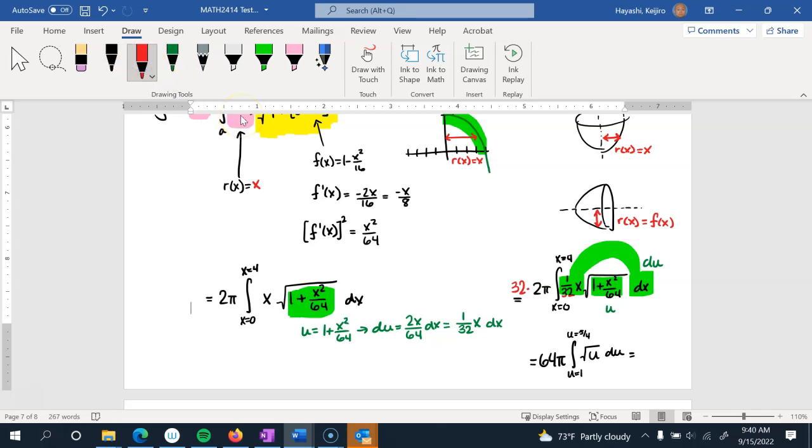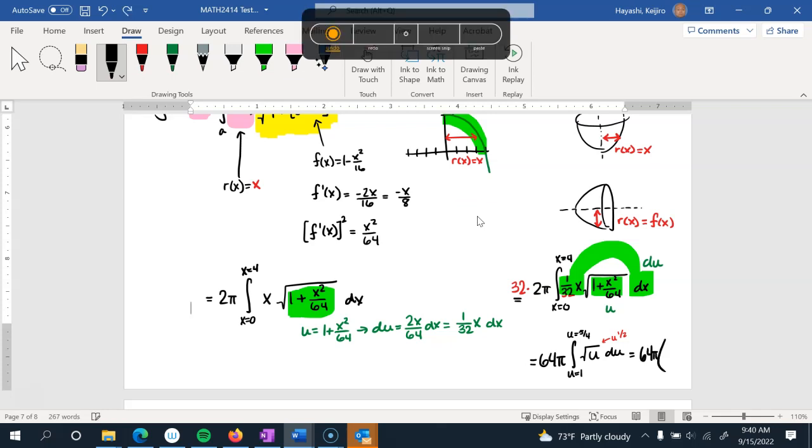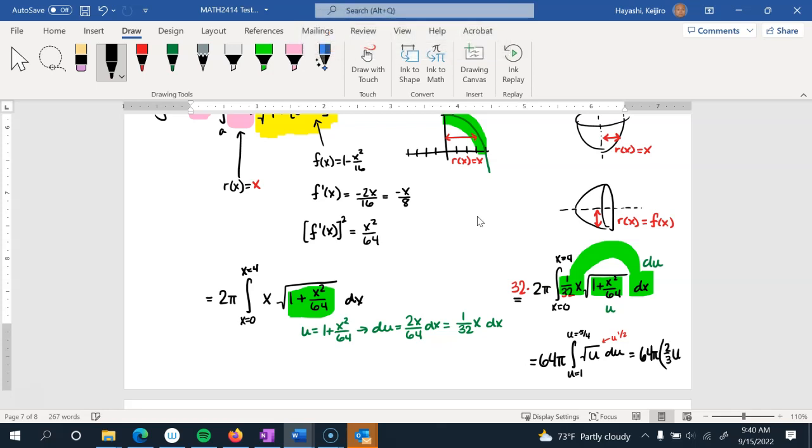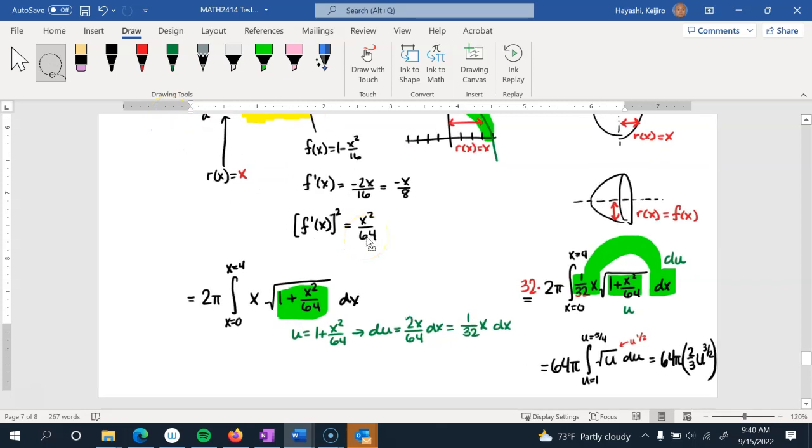Because the square root of u is really u to the 1/2, integrating that should give you u to the 3/2 divided by 3/2, or 2/3 u to the 3/2. Let me move some things.